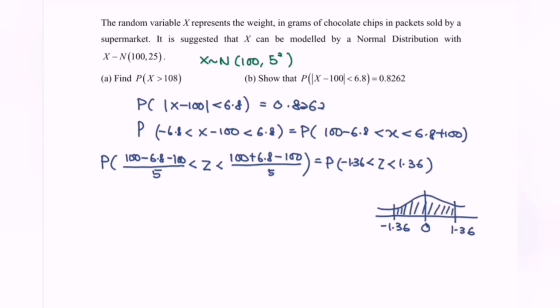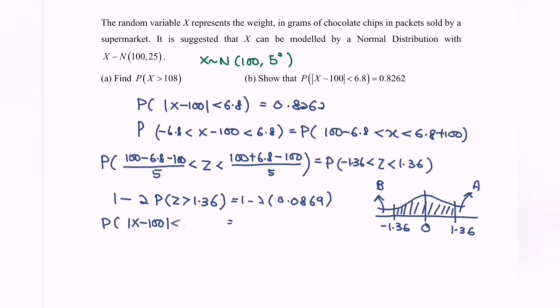Then we have the formula, where we have 1 minus this part, then the probability that z is greater than 1.36 for part A. Same goes to part B, so what we can do is multiply by 2. By referring to the table, we have 1 minus 2 times the probability that z is greater than 1.36, which is 0.0869. Simplify the situation, and we have the probability that the modulus of x minus 100 is less than 6.8 equal to 0.8262. And we have already shown the situation.